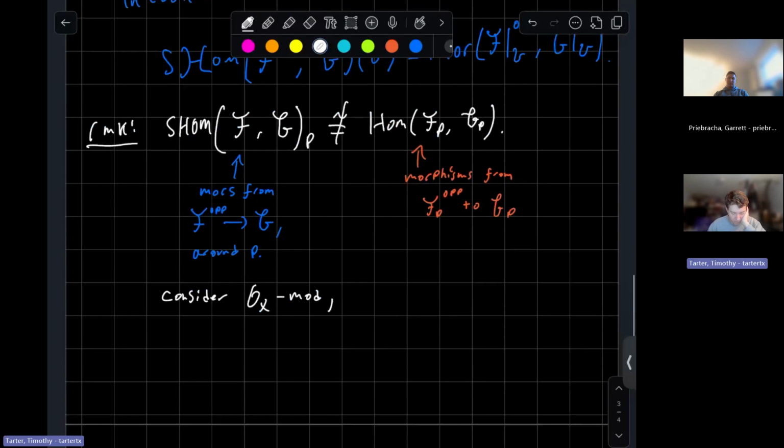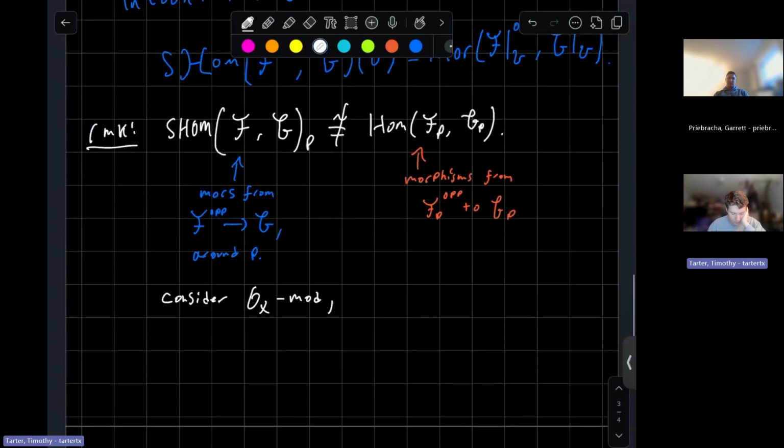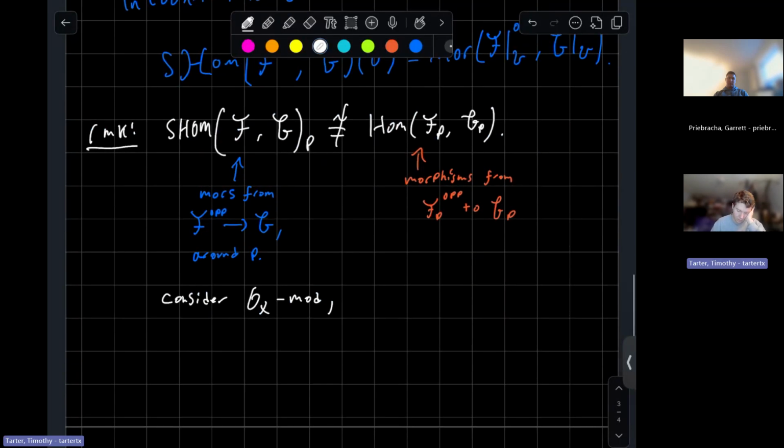So in terms of OX modules, then we really have... I guess no, it'll be actual modules.